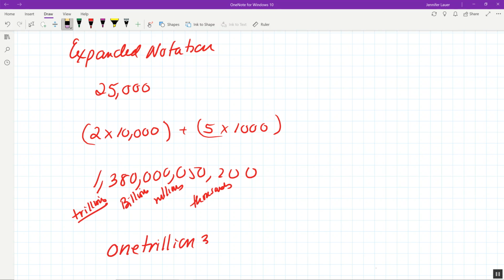380 billion. It's like you're just breaking it down into those three little chunks. So this is 380. What is it? It's billion, right? Now, if there's zeros, do we even need to mention it? Nope, don't even have to say million.